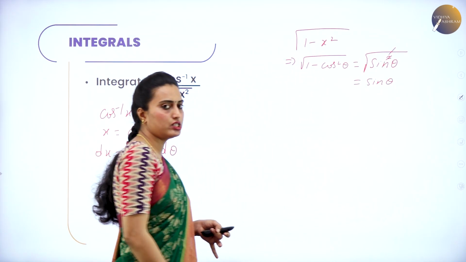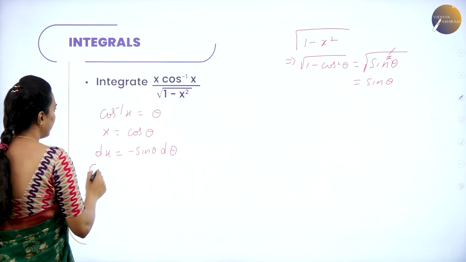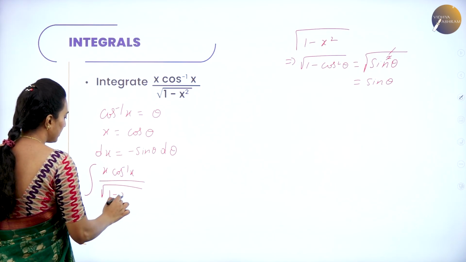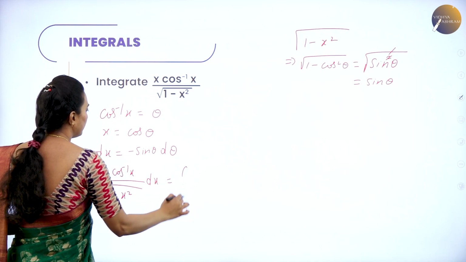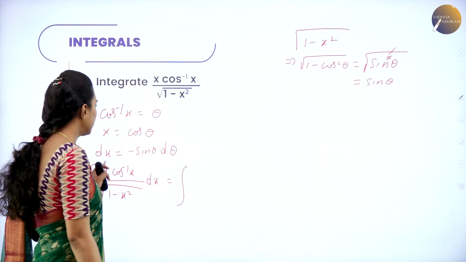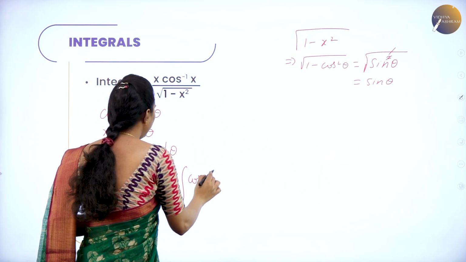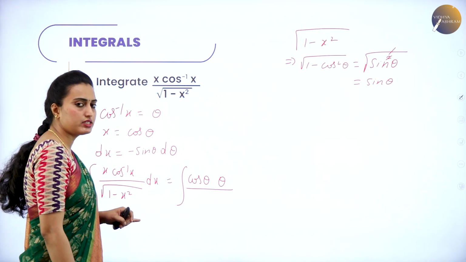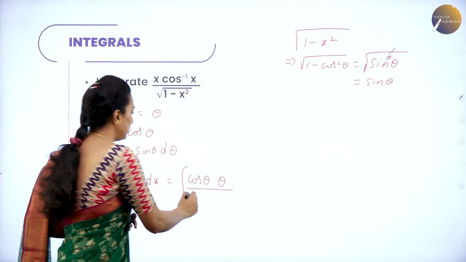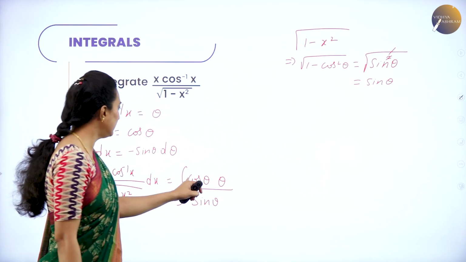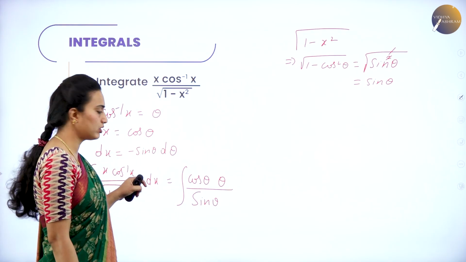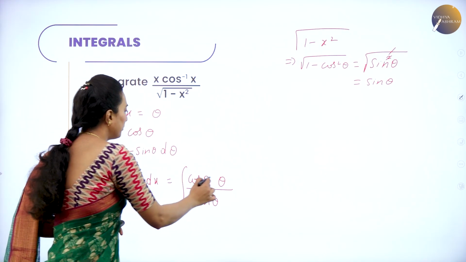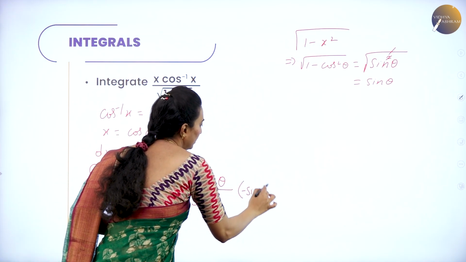Because under the root you are going to have sin squared theta, root will get cancelled, sin theta only is remaining. Understood? Now you can substitute that integral of x into cos inverse of x divided by under the root of 1 minus x squared into dx, which will become integral of x is nothing but cos theta, into cos inverse of x is nothing but theta, divided by under the root 1 minus x squared, which is sin theta, into dx, which is minus sin theta into d theta, right?